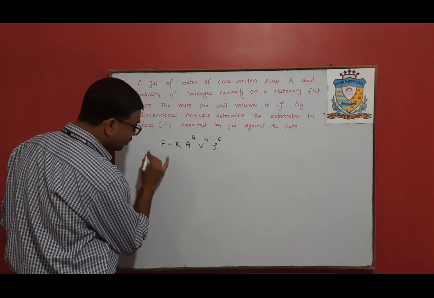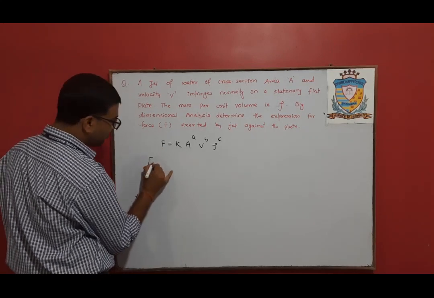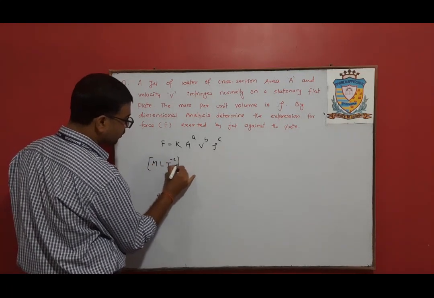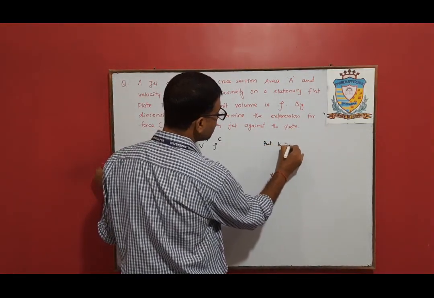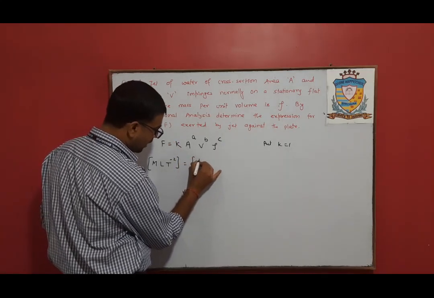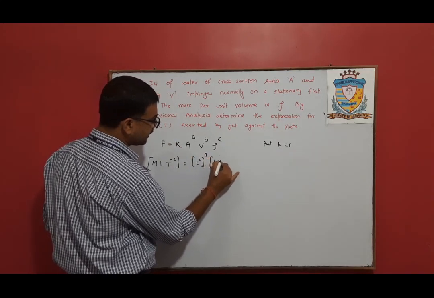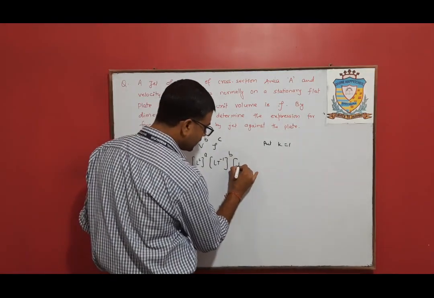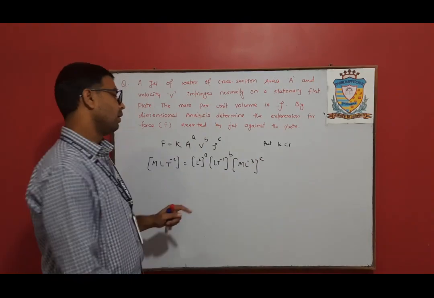Here, the dimensional formula for force is MLT minus 2, equals, putting the value of K equal to 1, for area we have L2 raised to the power a, V, that is LT minus 1 raised to the power b, and rho, that is ML minus 3 raised to the power c.